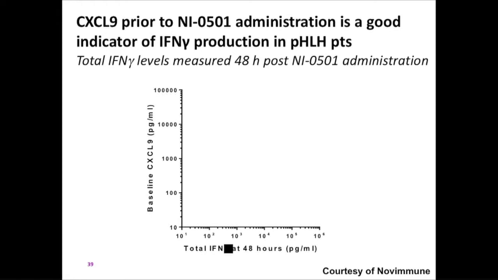So if this is true, then CXCL9 reflects the amount of total gamma. To prove this hypothesis, we measured CXCL9 at baseline, assuming that CXCL9 was being induced by the amount of gamma present in the tissue, and we measured total gamma 48 hours following the first administration of the antibody.